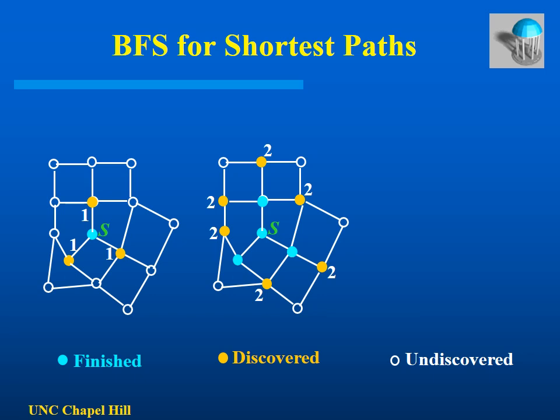One of them, up and slightly to the right of it, has already been discovered. One slightly below and slightly to the left of it has also already been discovered. And, of course, S itself has been discovered. So there's only one additional node adjacent to it to put on the queue, the one diagonally to the right of it.